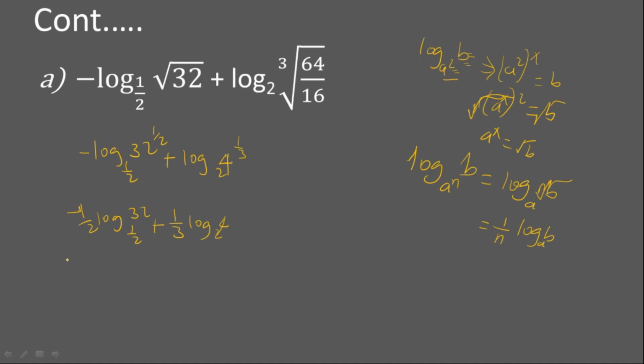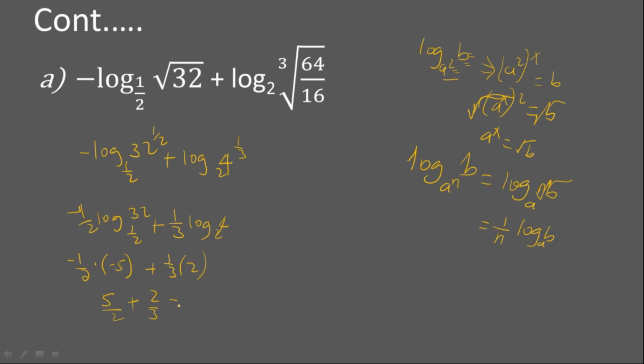Negative 1 over 2 times the logarithm of 32 to the base 1 over 2 is simply negative 5, because 1 over 2 to the power of negative 5 gives 32. Plus 1 over 3 times the logarithm of 4 to the base 2, which is 2. Negative times negative is positive, so 5 over 2 plus 2 over 3.